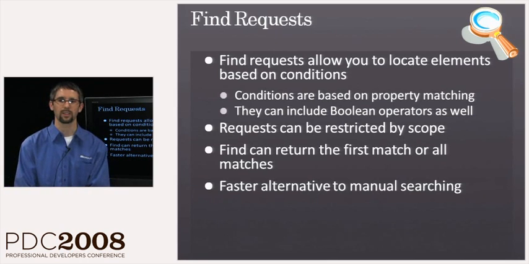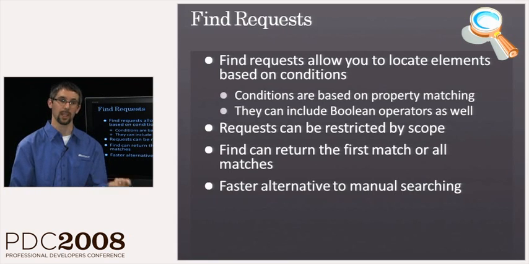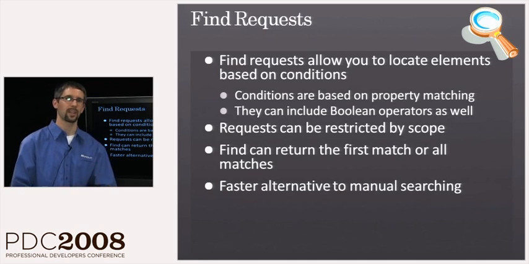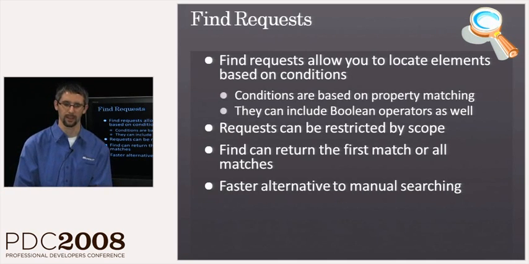The most basic condition is to look by property. So I want the control with name equals scheme, or I want the control with control type equals combo box. And then you can yoke these things together with Booleans. So I want name equals scheme and type equals combo box, or, and so forth. They're and, or, not, the basic Boolean elements.